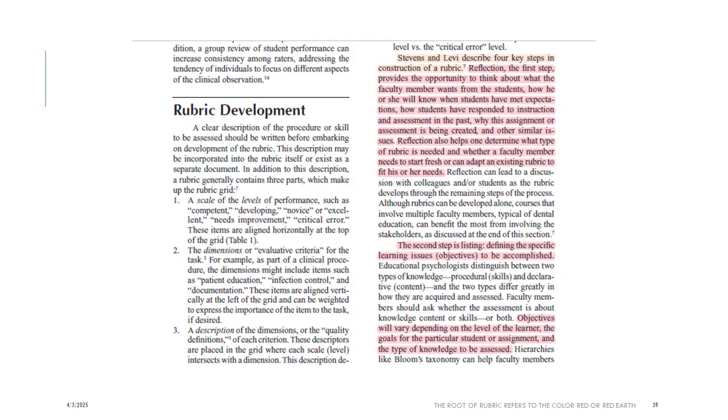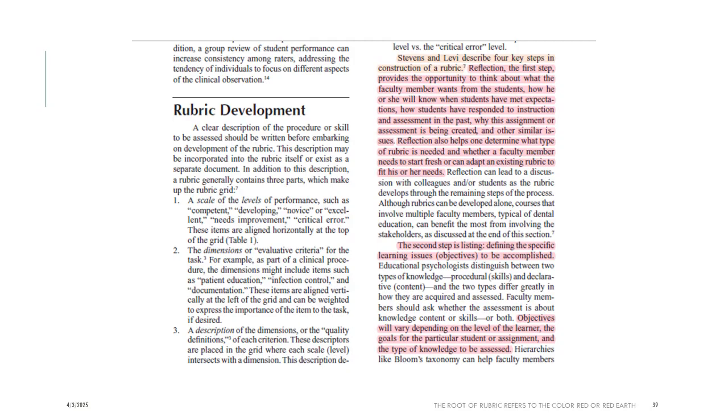A reflection also helps one determine what type of rubric is needed and whether a faculty member needs to start fresh or adapt an existing rubric to fit his or her needs.